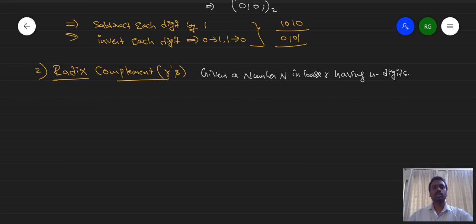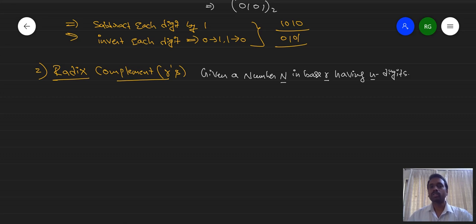So let us see how to calculate the second type of complement. It is known as a radix complement or R's complement. Right? So for this, let us assume a general number N, a number N in base R having small n number of digits. So what we actually assumed for R minus 1's complement or a diminished radix complement.